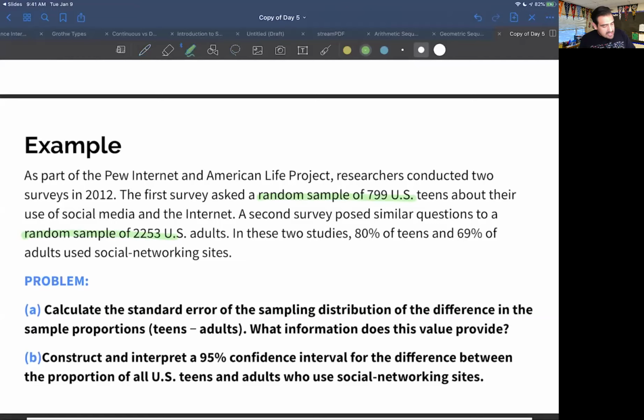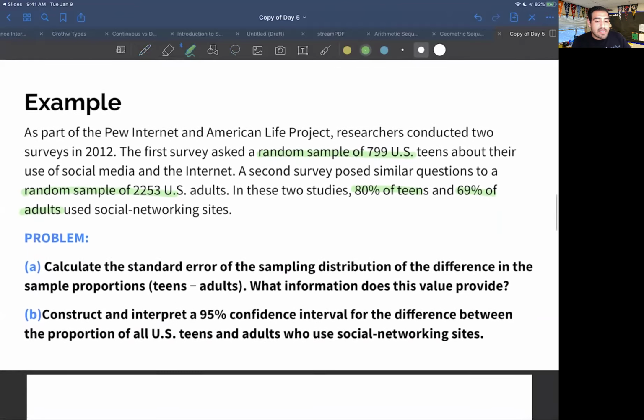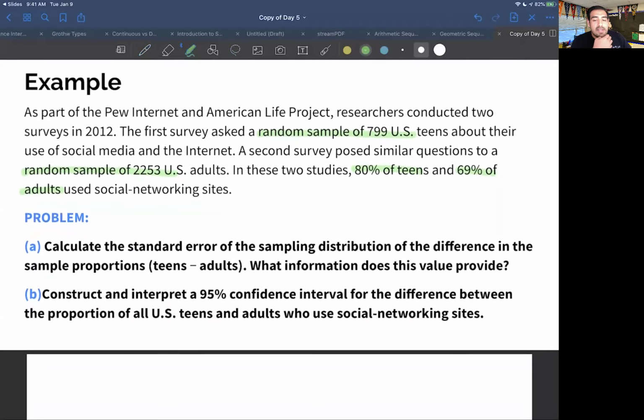In these two studies, 80% of teens and 69% of adults use social networking sites. So A says, calculate the standard error of the sampling distribution of the difference in the sample proportions, teens minus adults. What information does this provide?